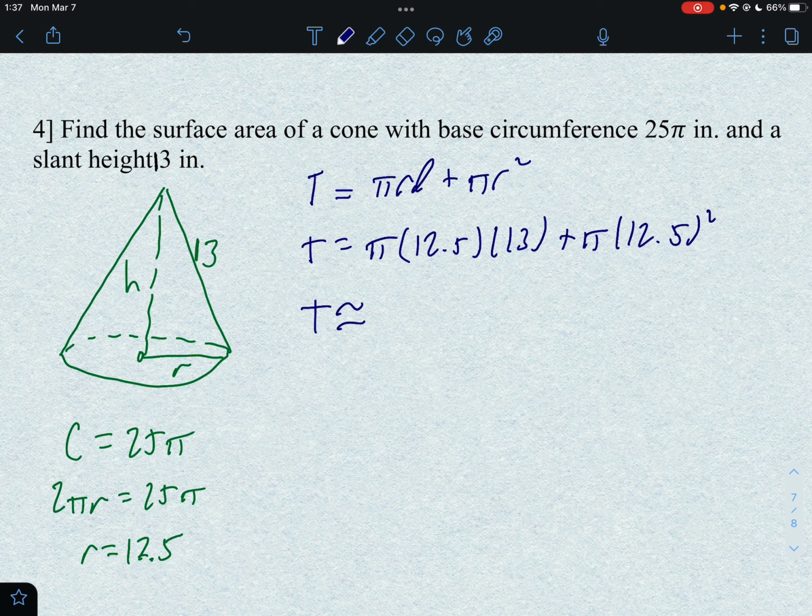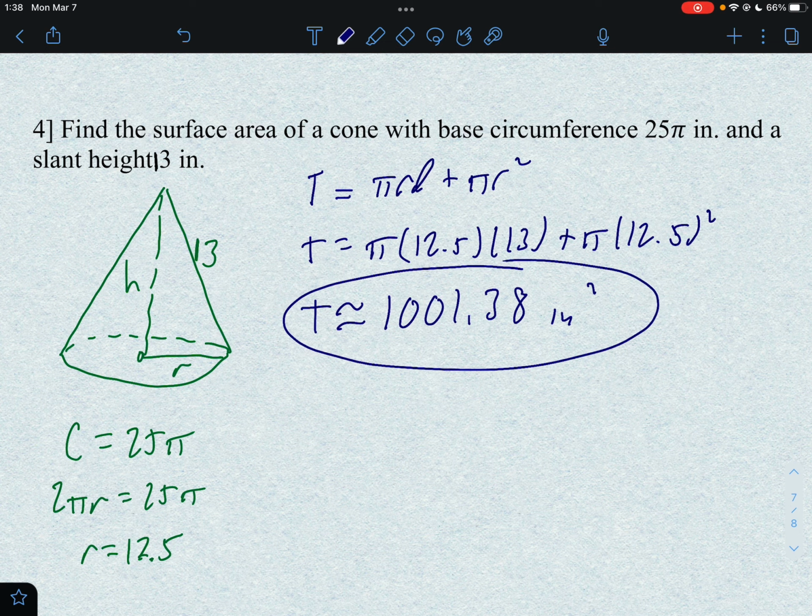Make sure to try that at home, and I'll be doing that as well. So 12.5 times 13 times pi plus 12.5 squared times pi. And I'm getting 1001.38 square inches.